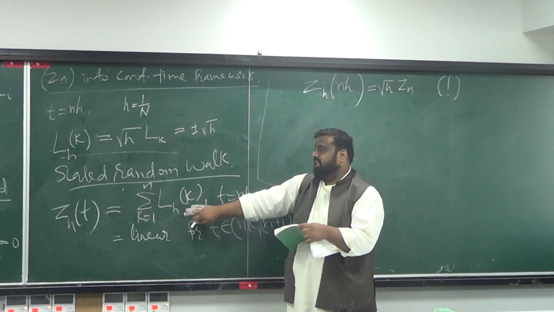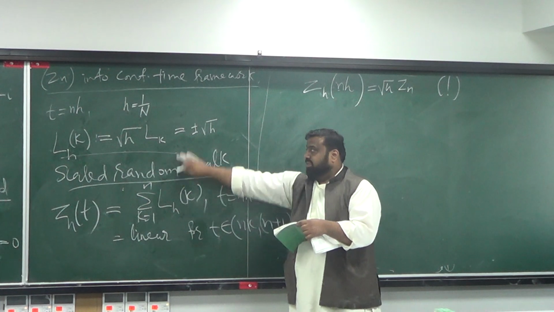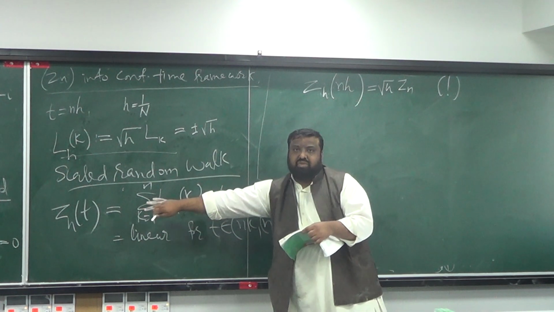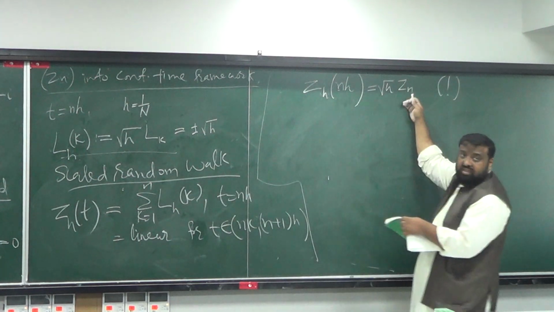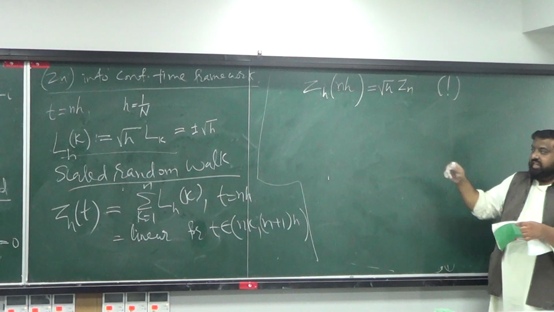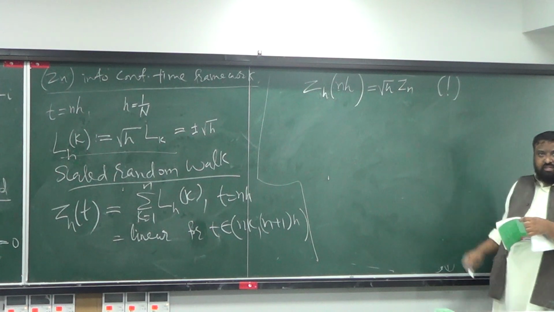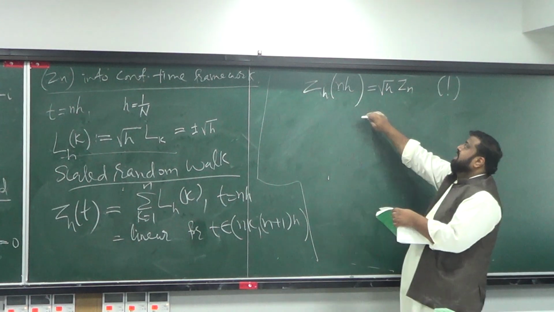Substitute it, pull the square root of h out, and the sum of the L_k from 1 to n is Z_n. You can see that.